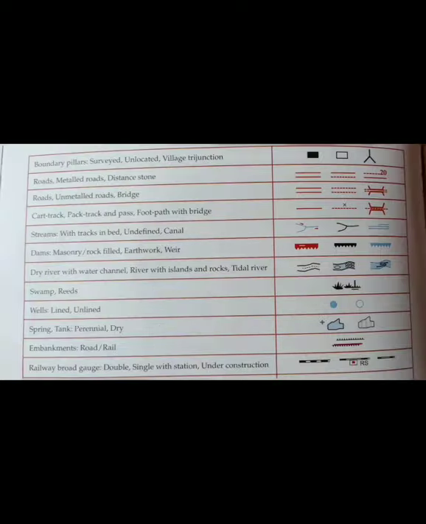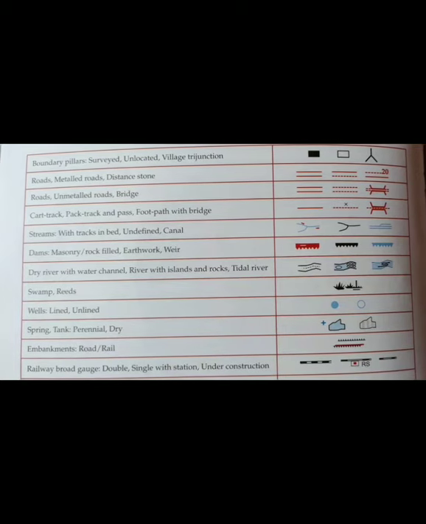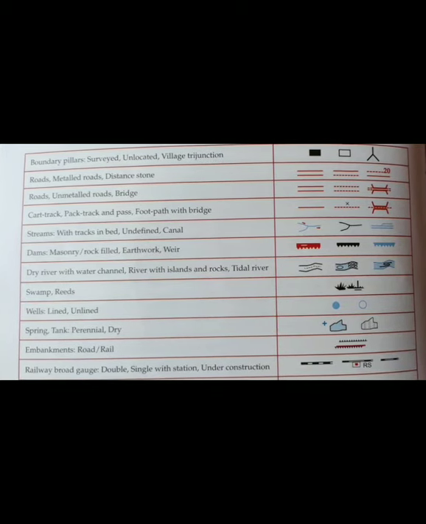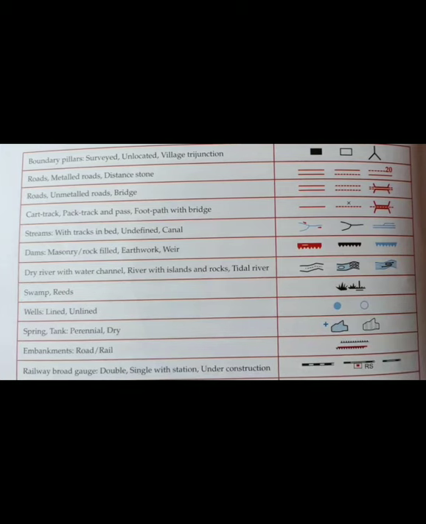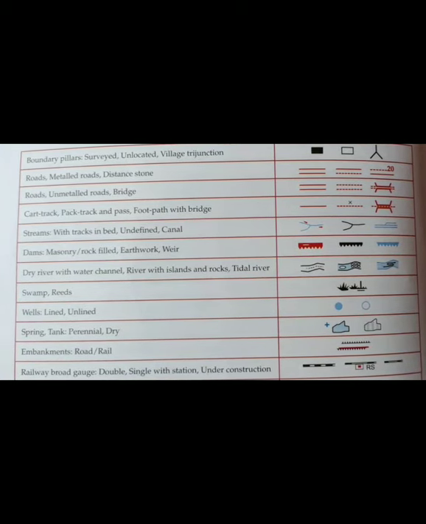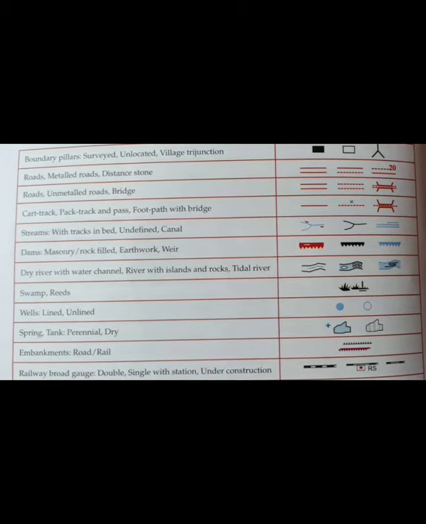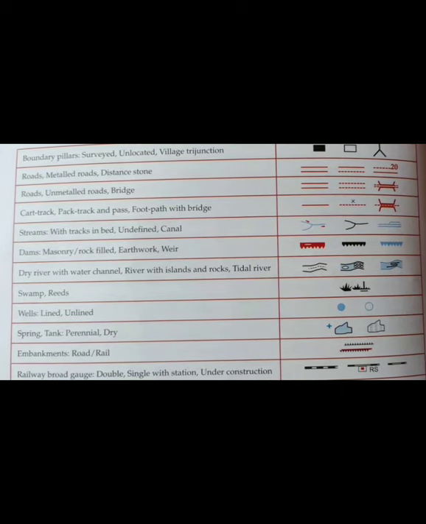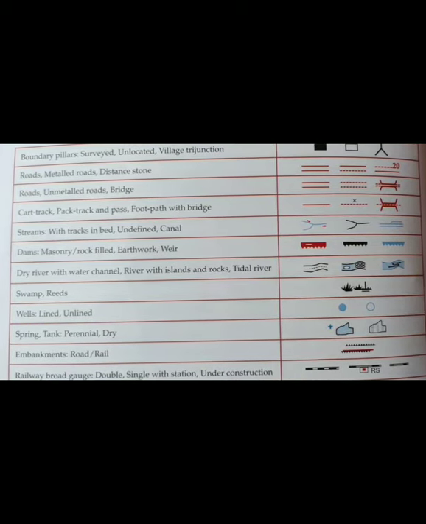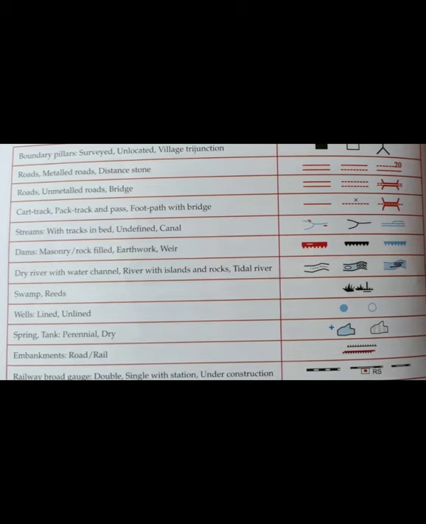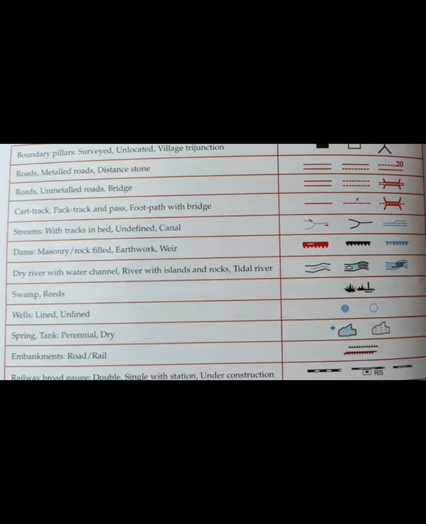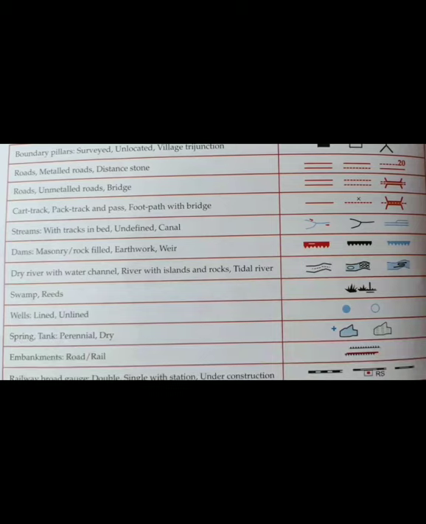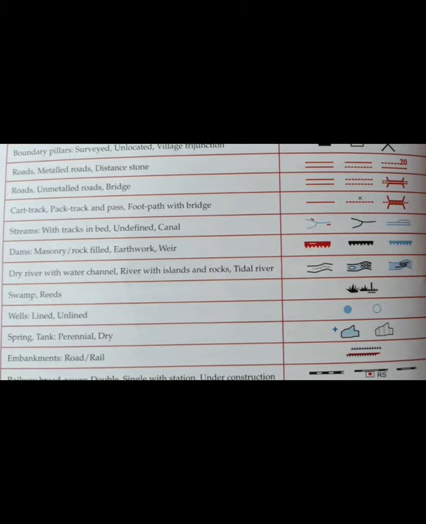On the next page, page number 4, we can see some other symbols: the boundary pillar symbols, road, metal road. Under the road there are metal roads and unmetal roads. Metal road we can see in the town or urban area, and unmetal road generally in the rural area.